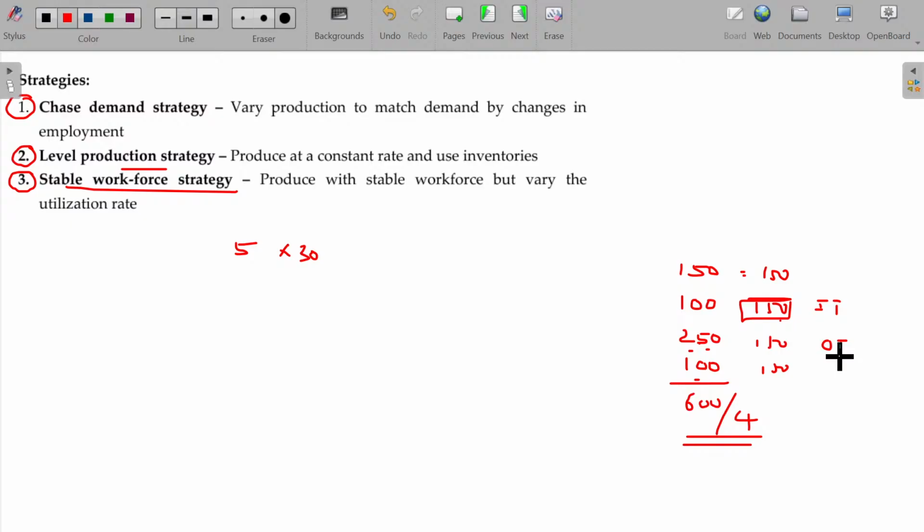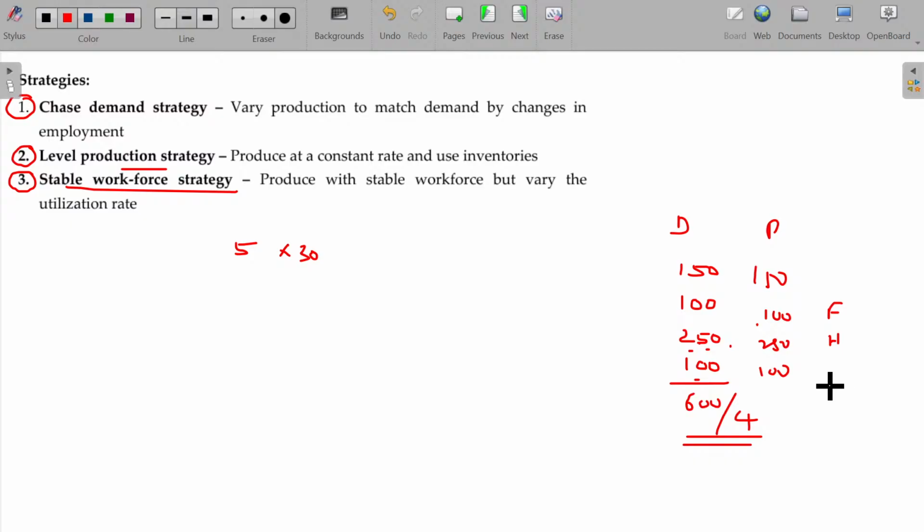Chase demand strategy is nothing but whatever the demand is, I have to match that. So my intention is to match the production with the demand. My demand is this one, and my production is also 150, 100, 250, 100. How is this possible, to chase the demand? When the demand is lesser, I can fire the employees. When the demand is higher, I can hire the employees.